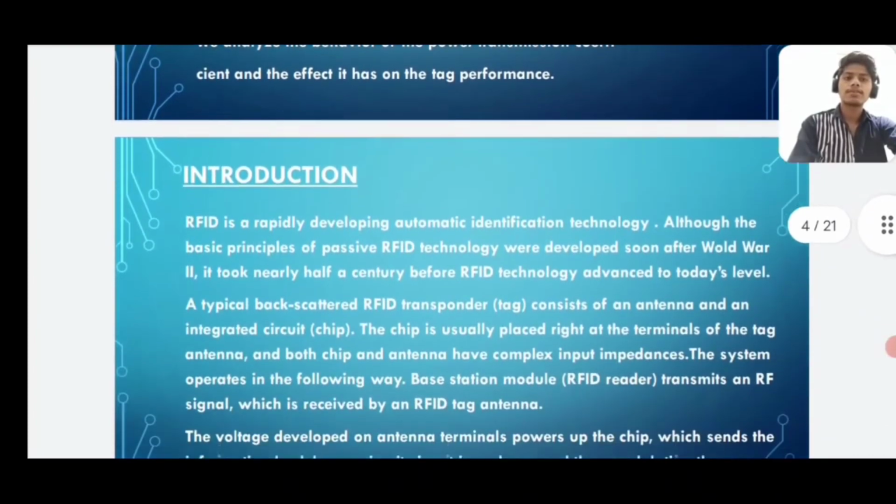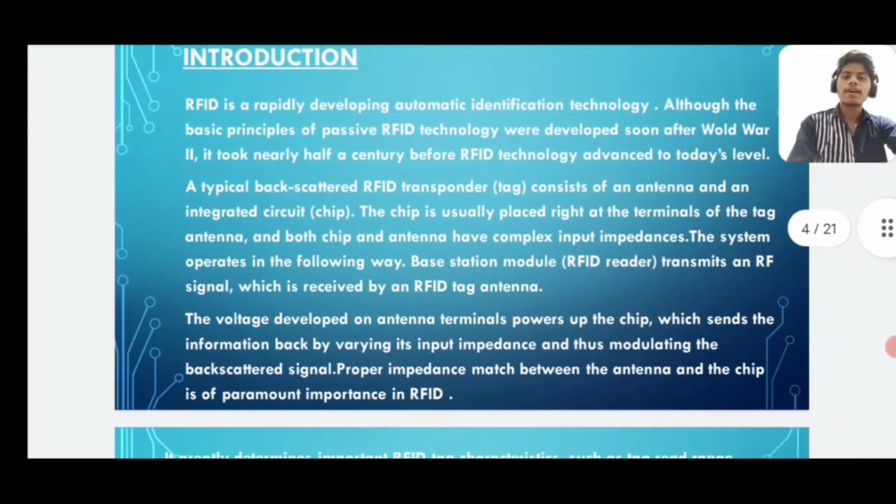So let's go to the introduction. RFID is a rapidly developing automatic identification technology. Although the basic principles of passive RFID technology were developed soon after World War II, it took nearly half a century before RFID technology advanced to today's level.